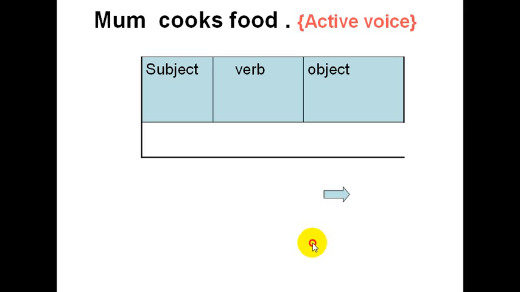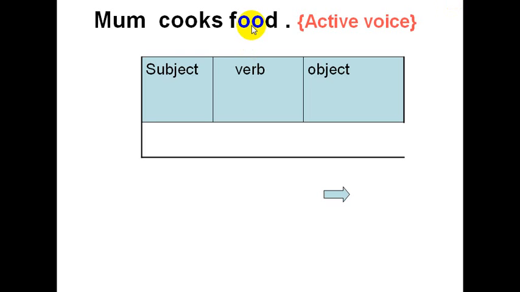Let us move to another example. Mom cooks food. This is an active voice. Mom is the subject. Cooks, the verb. Food, the object. So I want to make it passive. What should I do? As I did before, I should define the object, food, and move it to the beginning of the sentence here.